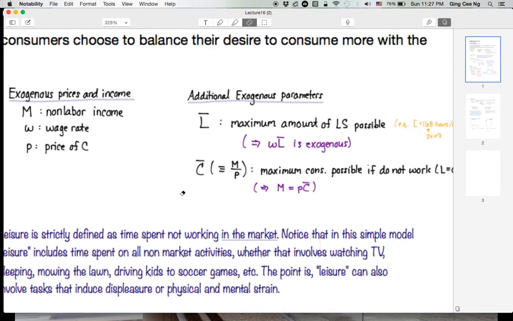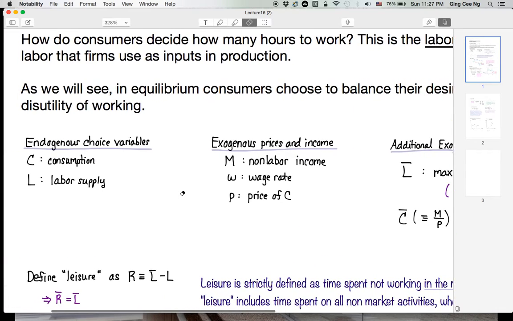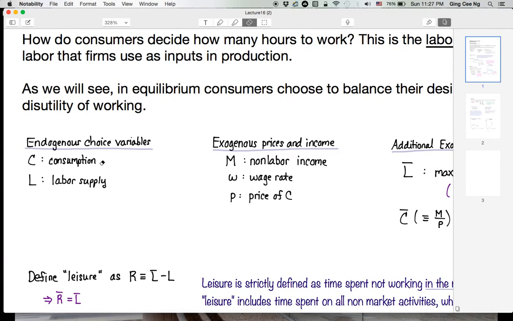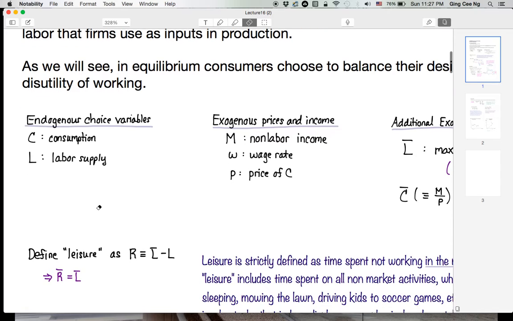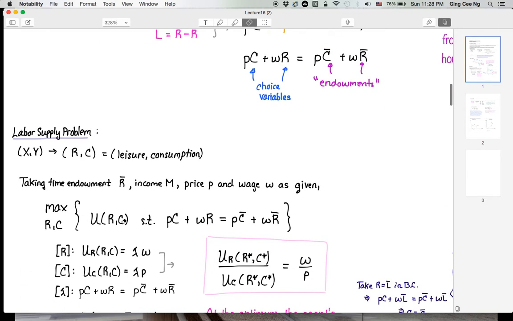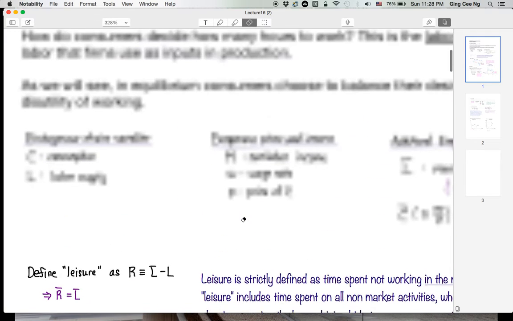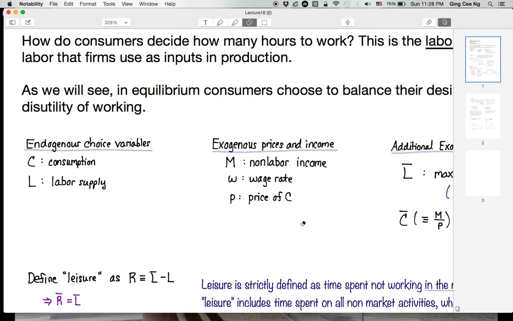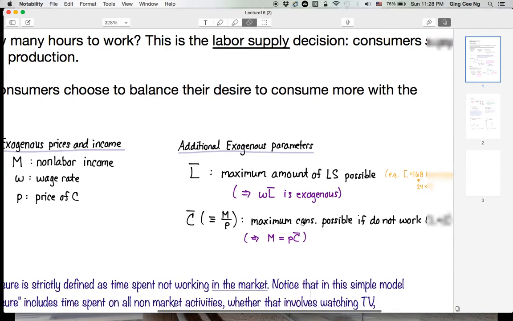Okay, so now, I talked about consumption, which is your endogenous choice variable, and labor supply. Instead of looking at labor supply, which a lot of macro models do, we're going to define our utility function in terms of R, which is leisure. But in any case, what are the prices and income that we're looking at?